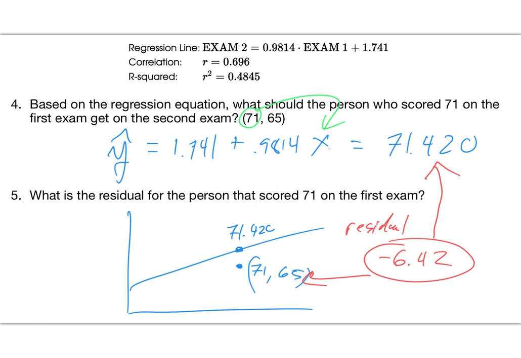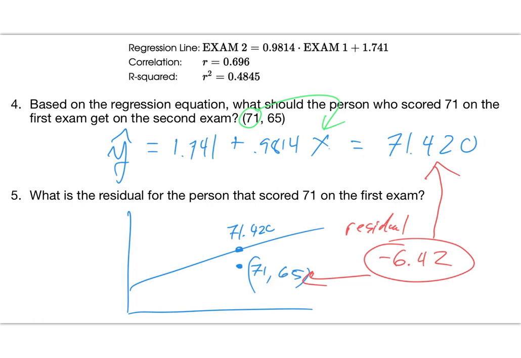The harder part becomes if someone says, hey, it had a negative 6 residual, what does that mean? That meant that the prediction line overestimated the actual value. A negative residual means the prediction line overestimated the actual value.